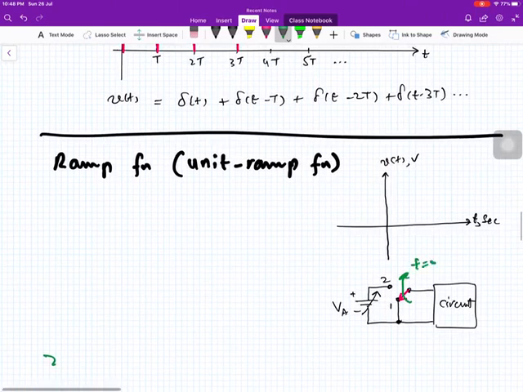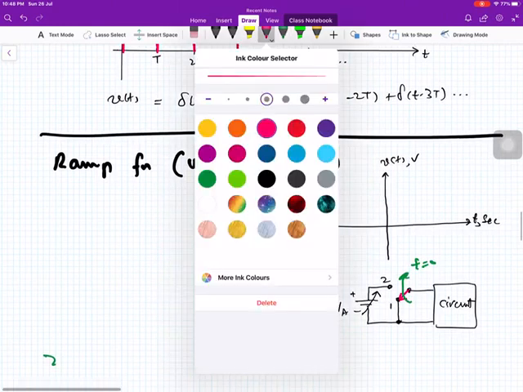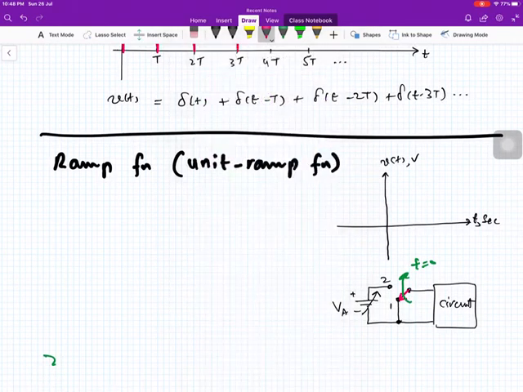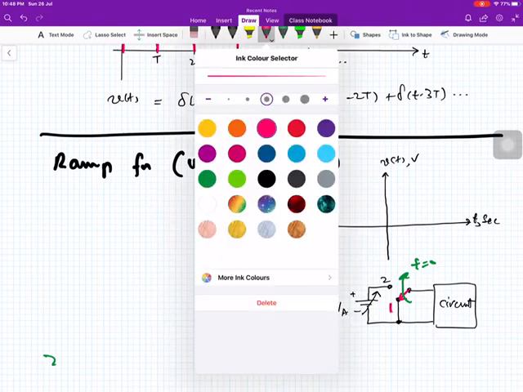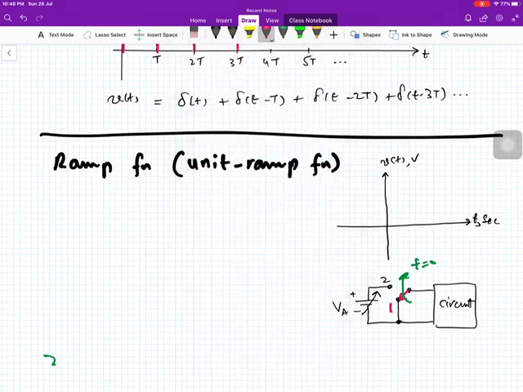So we draw the waveform, and as long as the switch is in this position, we can show it as 0 volt, so this voltage will be 0.